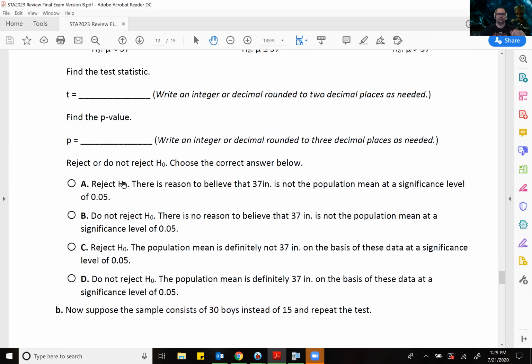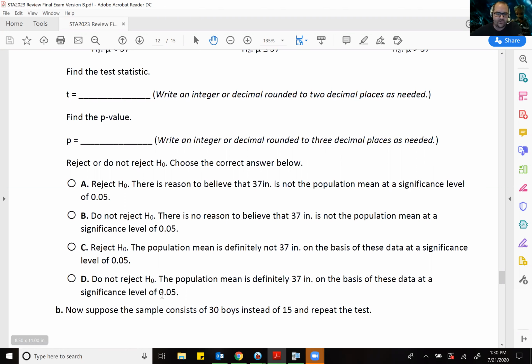Okay. So let's look at these first. We do not reject. There is no reason to believe that 37 inches is not the population mean at a significance level. The population mean is definitely 37 inches on the basis of these data?